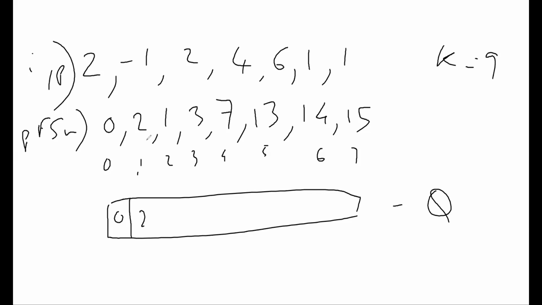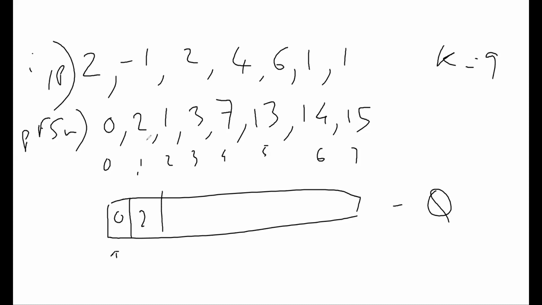But before putting it in, I compare the 2 with the first element of my queue and check if it satisfies the k condition. 2 minus 0 is definitely not greater than or equal to 9, so I don't do anything. I just put in 2, and that's all.